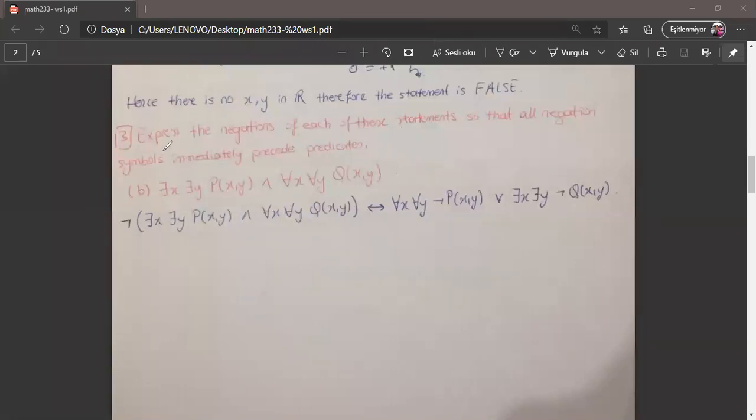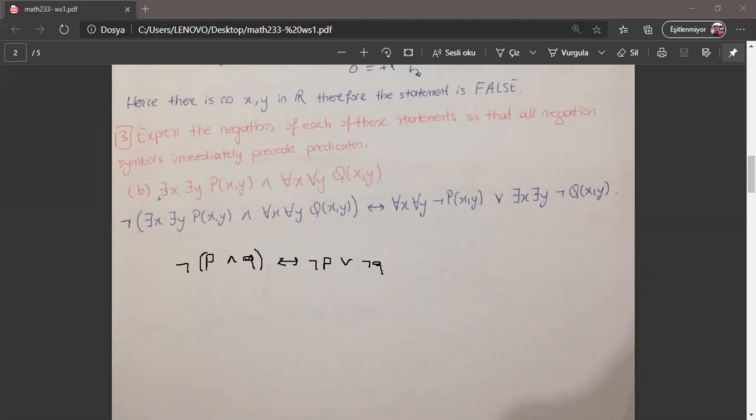So what about the third question? We will find the negations of the statements. What about this one? Remember that if we have some propositions P and Q, the negation of such a proposition is equivalent to this: not P or not Q. We do the same thing here.